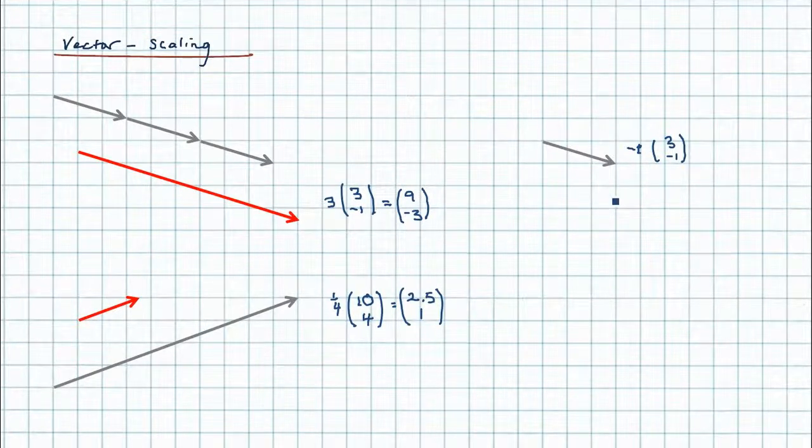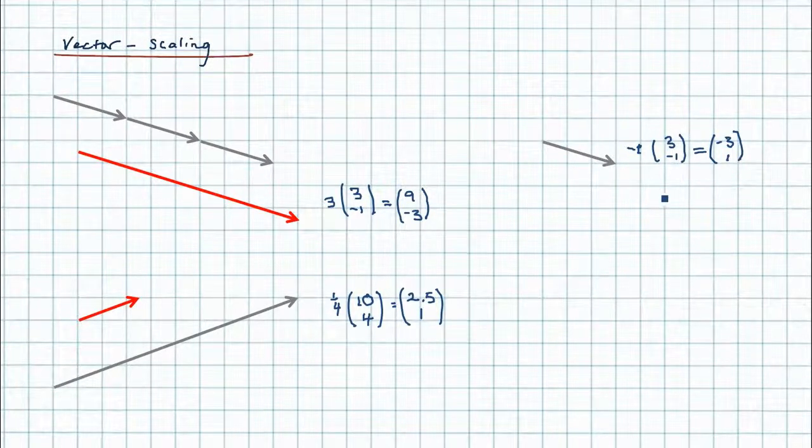If I'm multiplying by -1, and I use the method that I've developed here, I'm simply going to take -1 and multiply by each of the numbers in the brackets. So -1 times 3 is going to give me -3, and -1 times -1 is +1. So I end up with the resultant -3, 1.